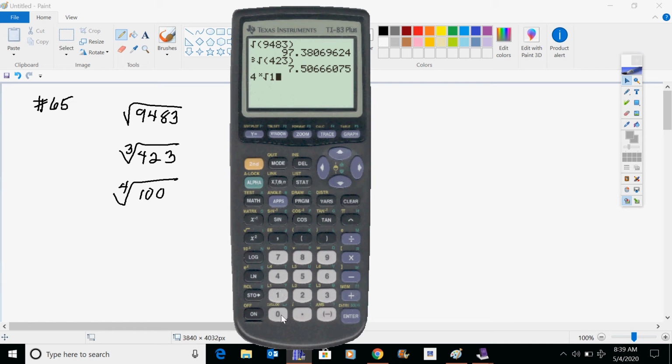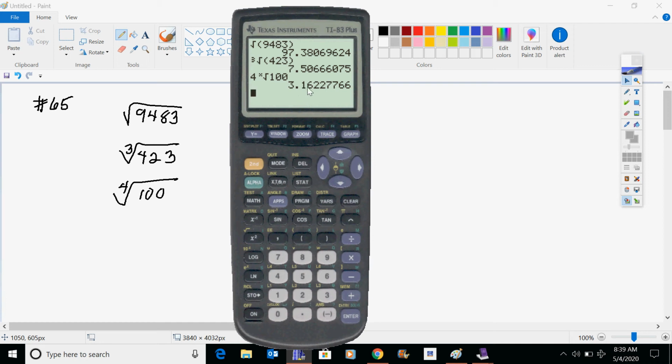What that does is it replaces the little x that's showing in the index spot. With the 84 calculators, it does it even a little bit more elegantly, so that the little 4 goes into the index spot, I believe.